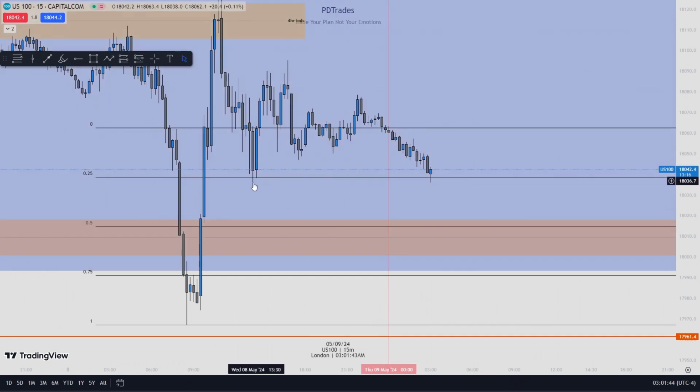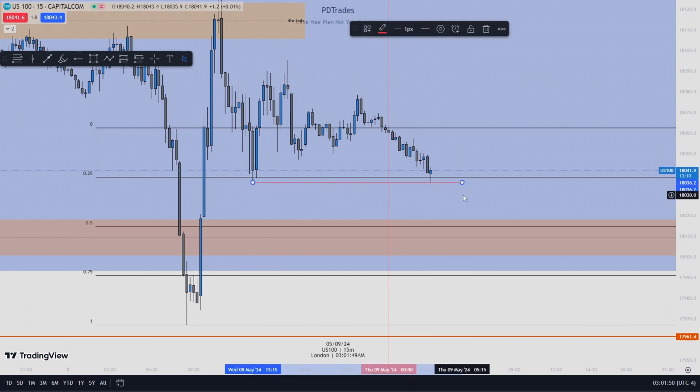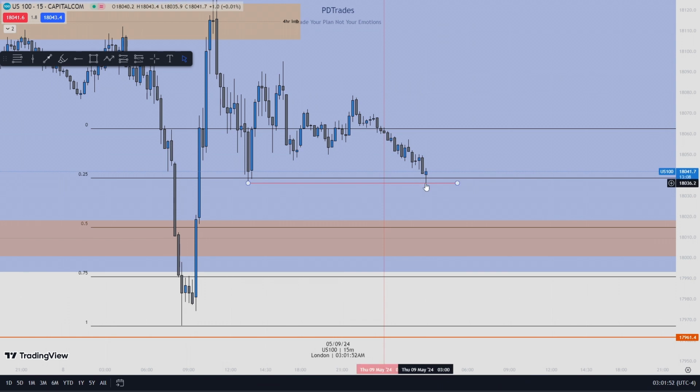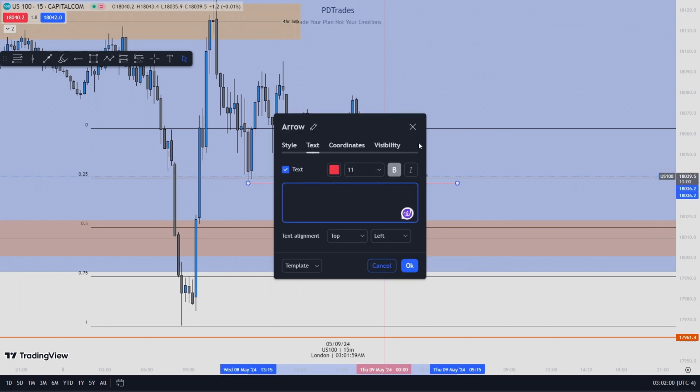So the sell side resting here. Oof, just reached it. Didn't break it. Just wicked at it. Just push to the buy side. But let's wait and see.